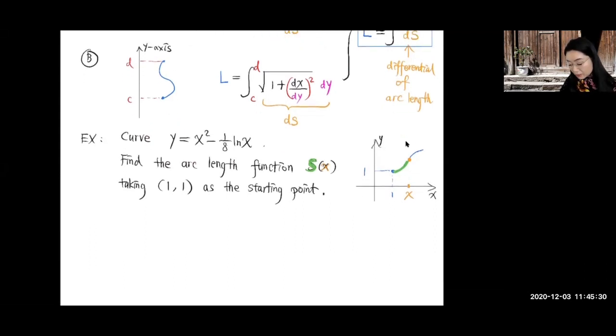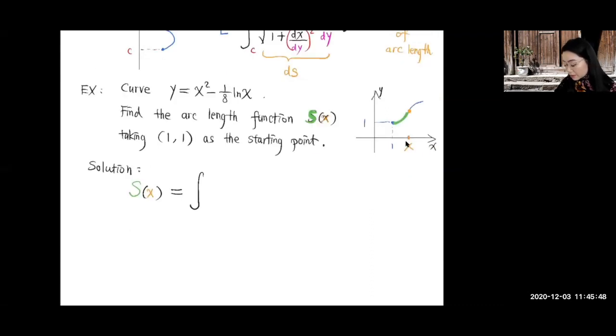So what's this arc length function? Can someone tell me? We just went over it. That's the integral of the square root of 1 plus f prime of t, squared, and outside here it is dt. Since we reserve the x for the x coordinate of this point, I'm going to use t over here.